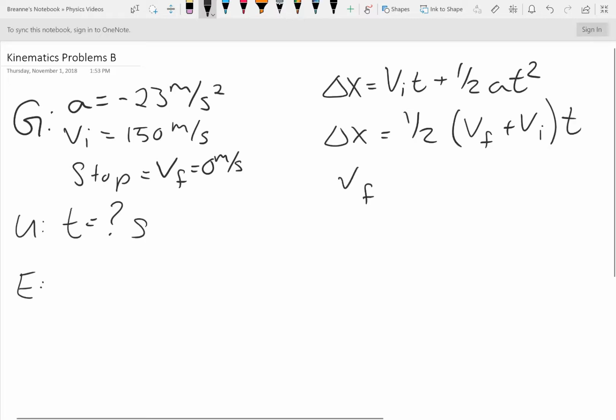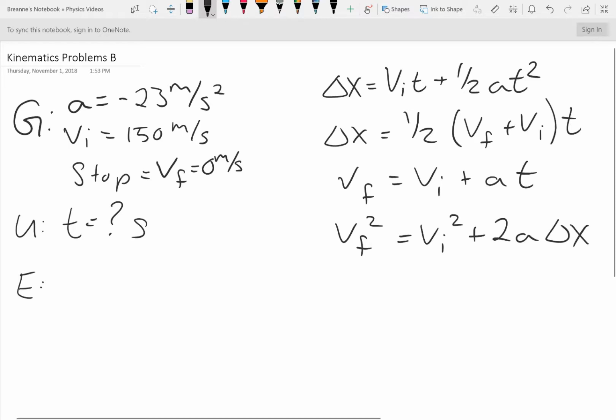We have V final equals V initial plus a t. Then we have V final squared equals V initial squared plus 2a delta x. So those are our 4 equations.